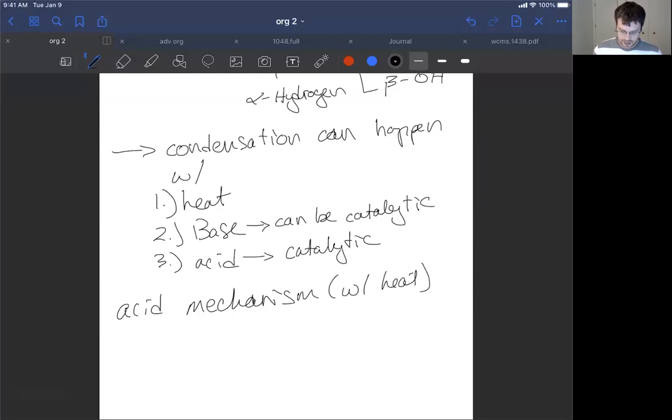So with the acid mechanism, we start again with the aldol product. I'm just going to put one R group and not worry about the alpha position. Now we're going to add H+. H+ always reacts first because it's a subatomic particle floating around.